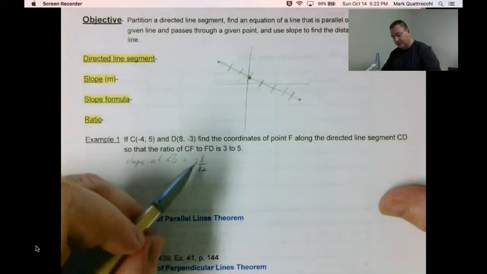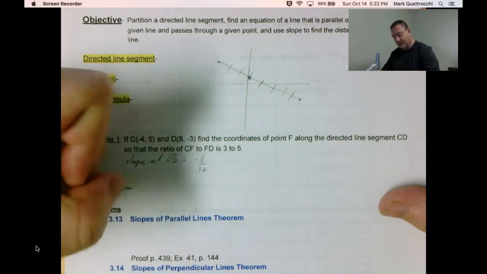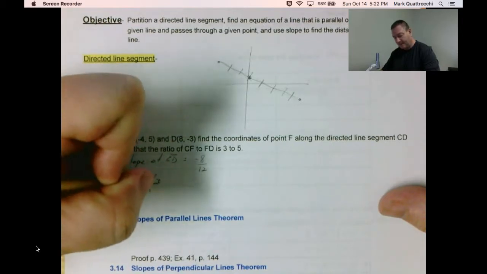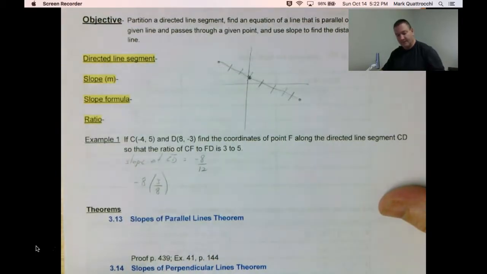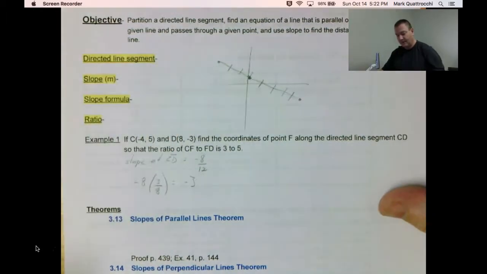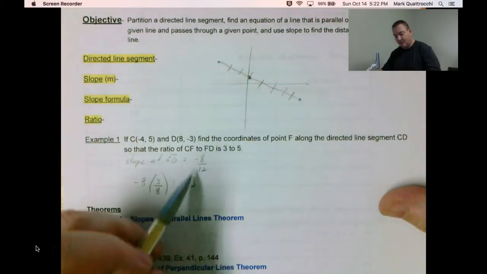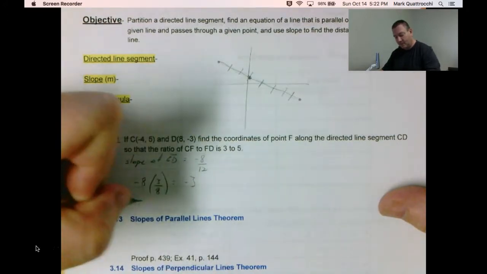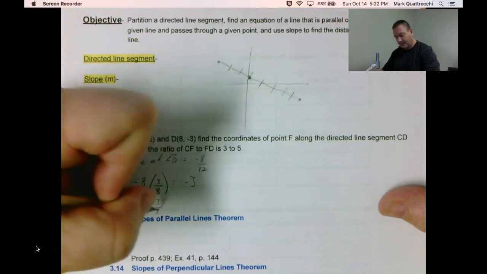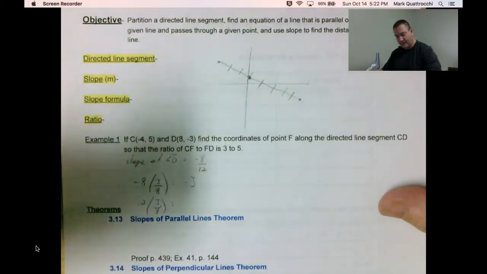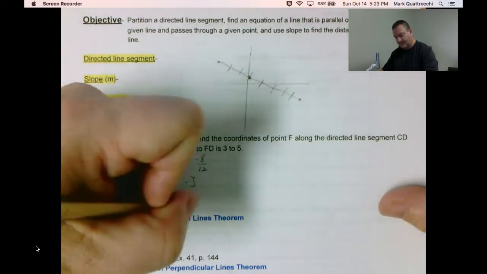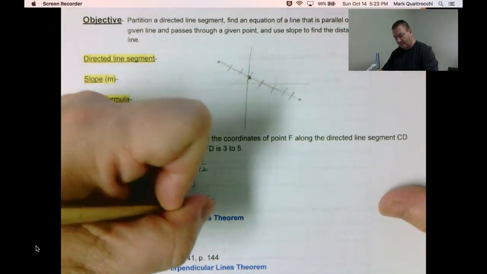So what we do is take the rise part, the -8, and multiply that by the 3/8 ratio. When we do that, we get -3. Then we take the run part, the 12, and multiply that by the 3/8 ratio. When we do that, we get 9/2 or 4.5.